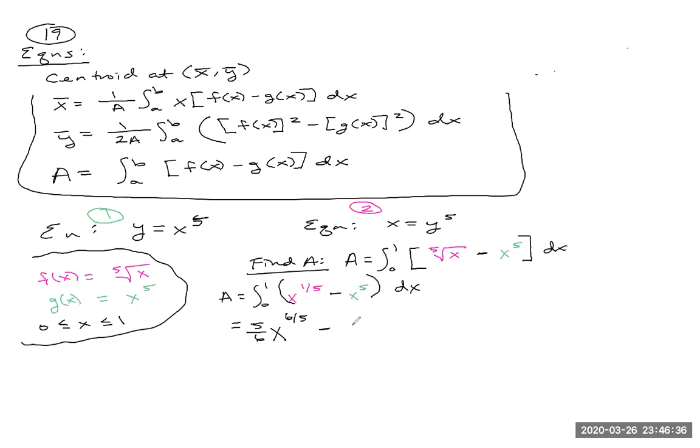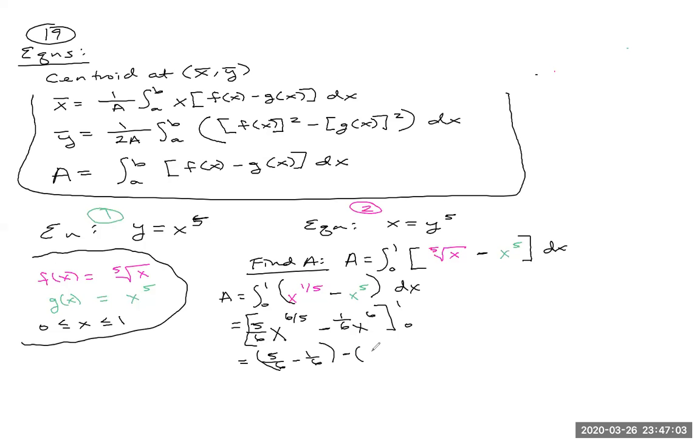And then here, you have a 1/6 in front. And that's from 0 to 1. We already know if you put 1 in here and 1 in here, you're going to get 5/6 minus 1/6.